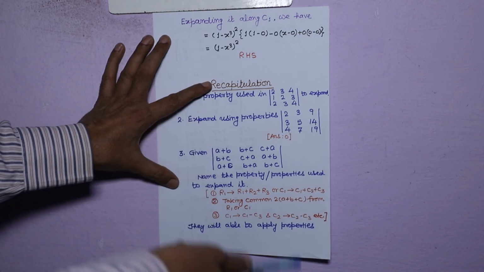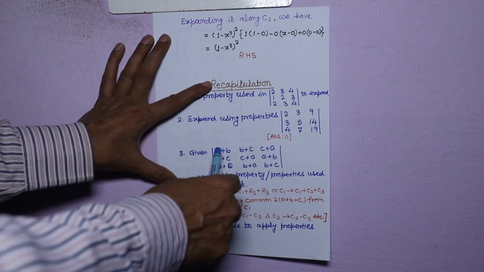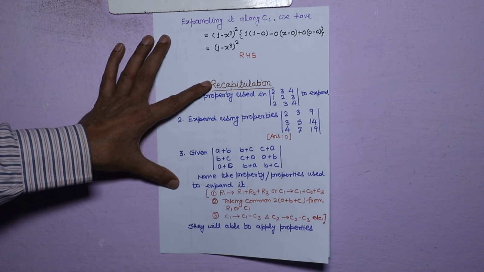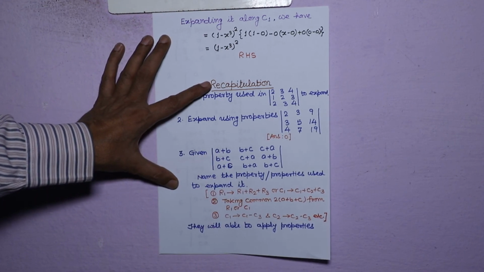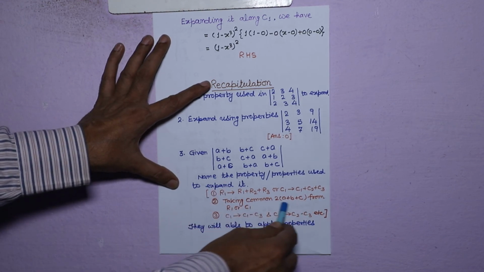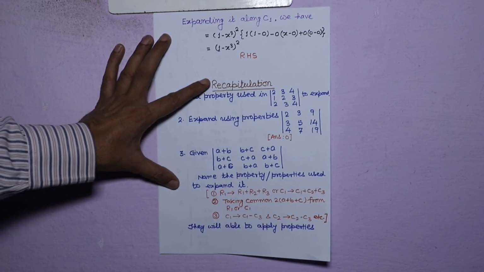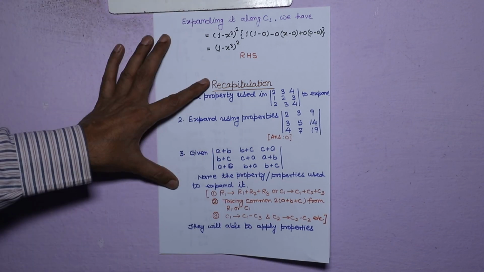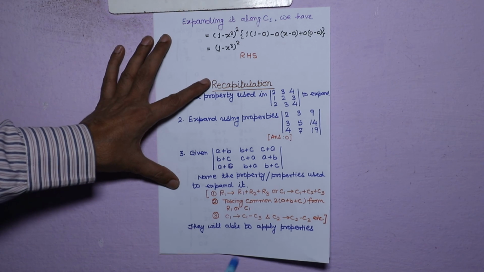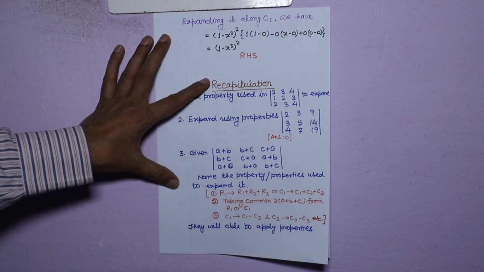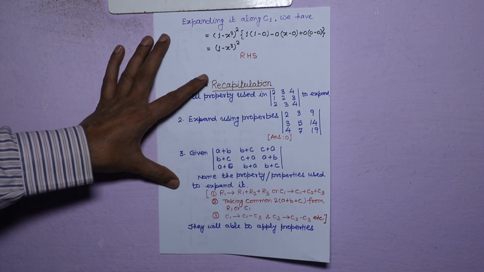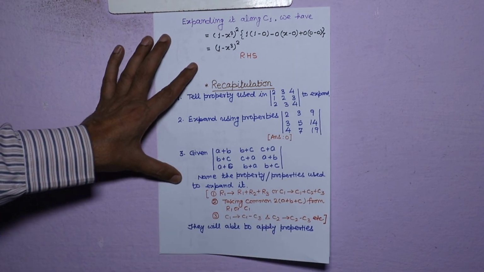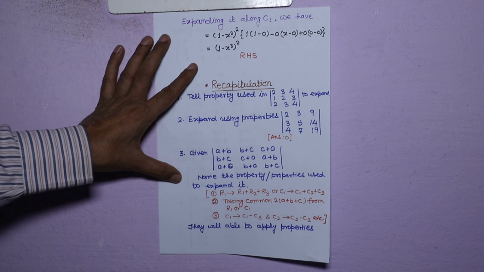So R1 can be replaced as R1 plus R2 plus R3, or C1 can be replaced as C1 plus C2 plus C3, and you will have a number 2 times a plus b plus c that can be taken common from either first row or from first column. Then further you can use C1 as C1 minus C3, C2 as C2 minus C3, and this way you will get a very simplified number. So this way you can learn how to use the property.